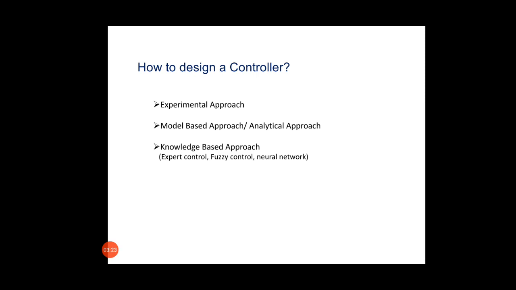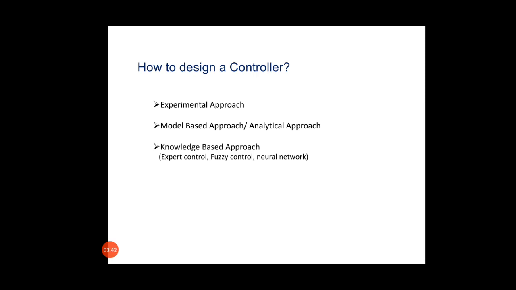So what do I do in this particular approach? In this approach, we capture the dynamics of the model in a suitable mathematical form. It may be a differential equation, or maybe a transfer function, or maybe a state variable model.